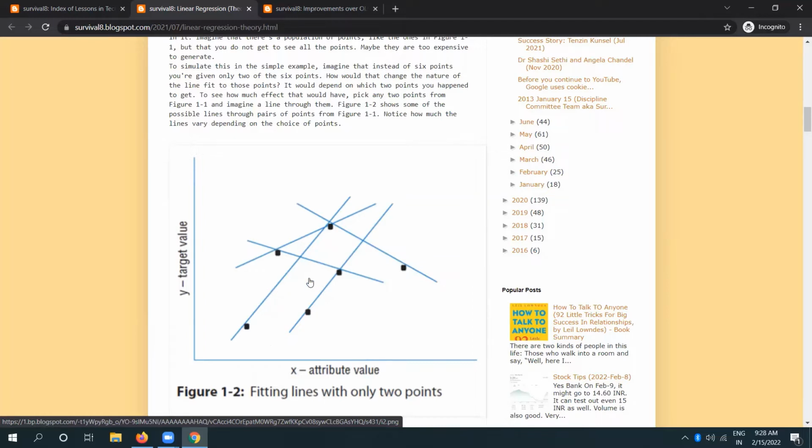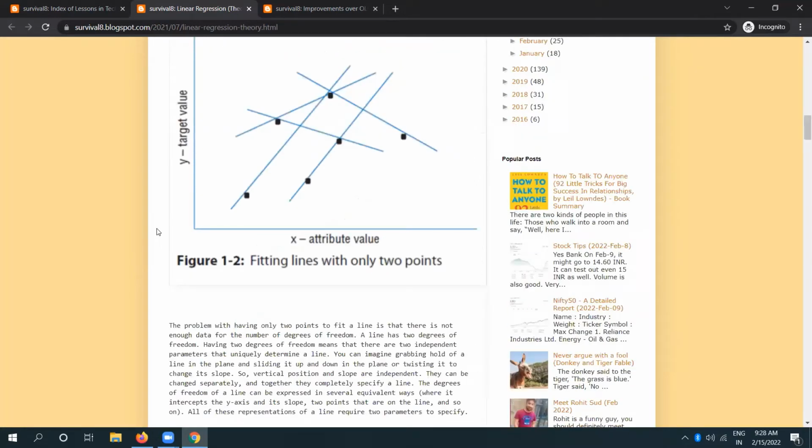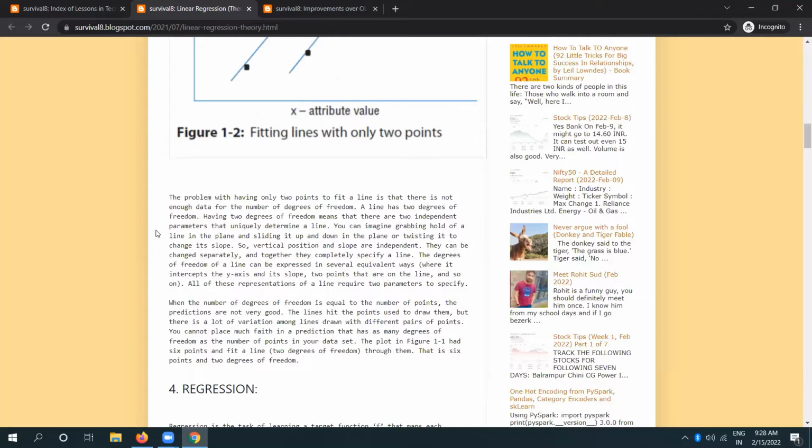If you know the value of c and you know the value of m, then you can easily figure out what the equation is, what your model is, which line represents your data the best. So the degrees of freedom in the case of a line is 2.